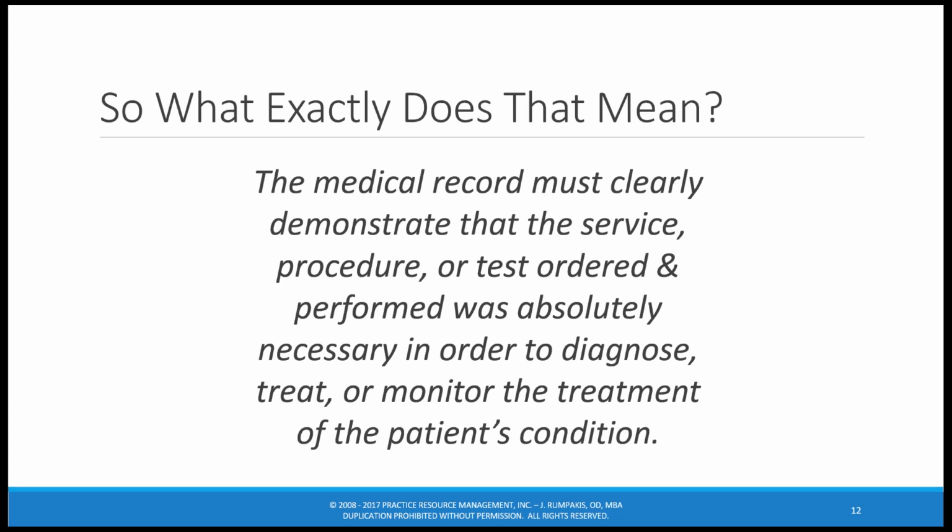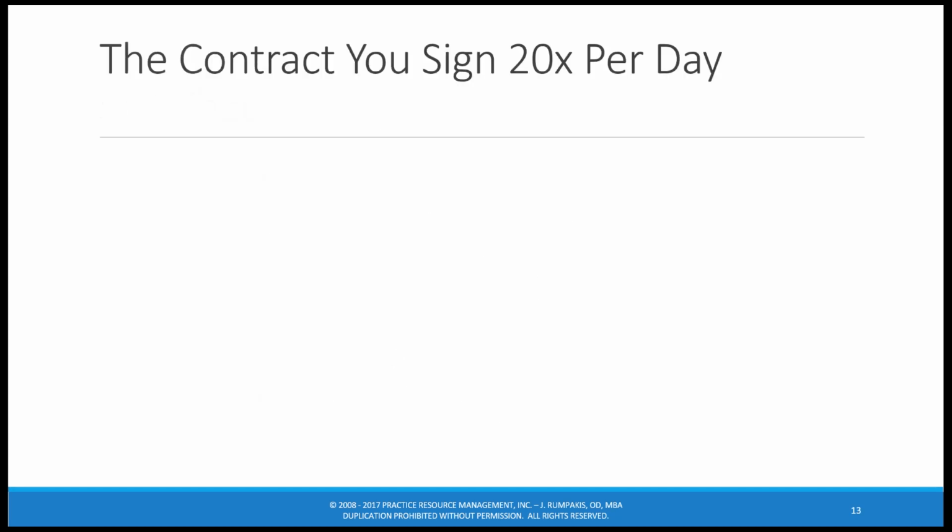Please make sure you understand the fundamental principle is that the only thing that the carrier can use against you in an audit is your medical record. The only thing that you can use in your own defense is your medical record. And the only thing that you have 100% sole control over is the medical record. So when people contact me to help them in their audit defense, and I look at their medical records, and their medical records don't support their actions, they want to know whose fault it is.